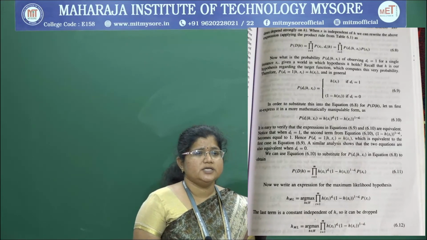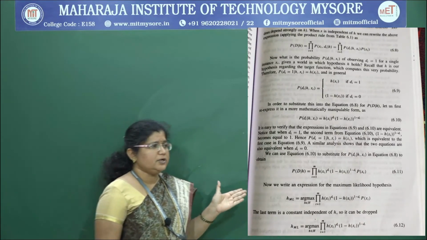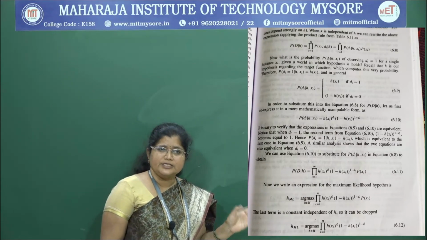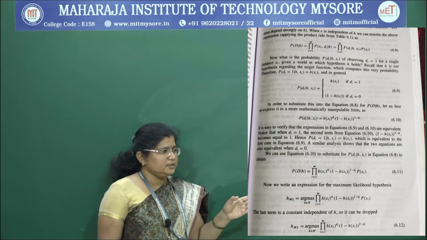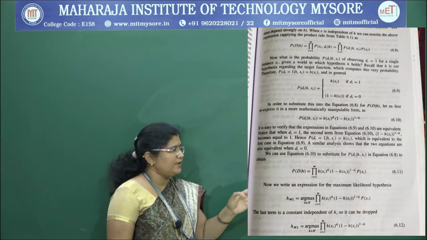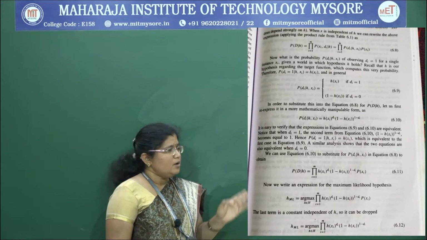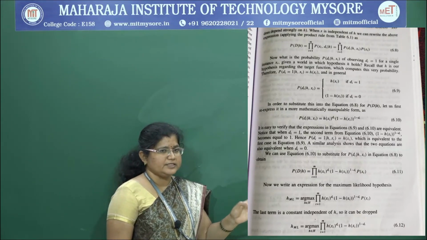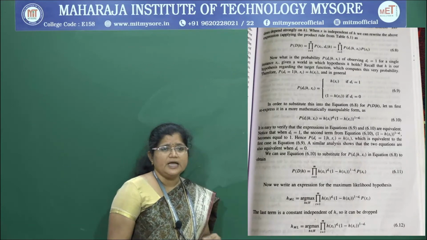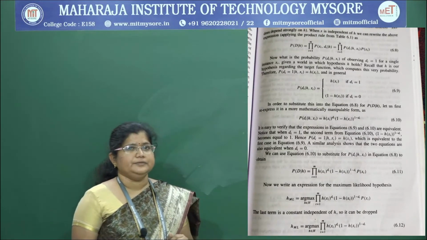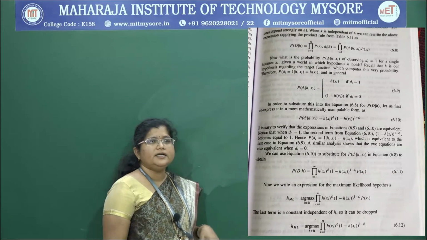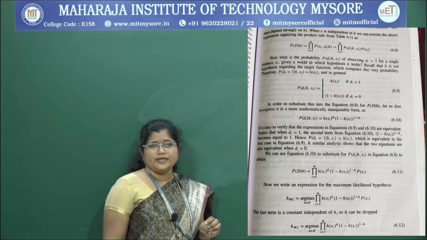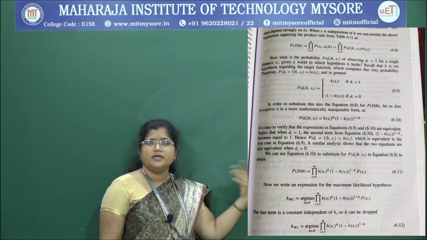By using this overall equation, we can have the maximum likelihood hypothesis, that is h ML equals argmax h belongs to capital H of the product of i equals 1 to m of h of xi to the power of di, 1 minus h of xi to the power of 1 minus di, into P of xi. When you look at this equation, the last term is a constant and independent of h. The terms which are constant and independent of h can be dropped.